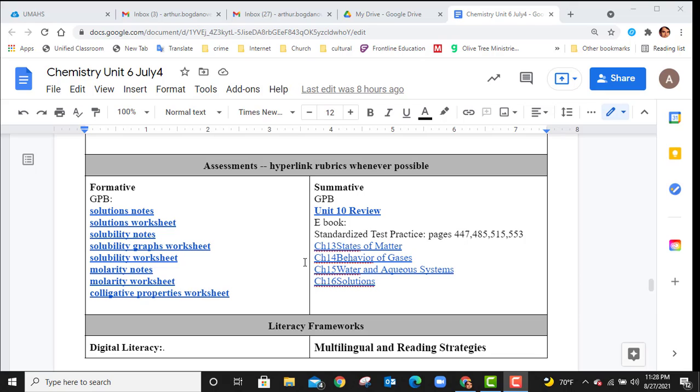And this is assessments. Formative means that as the students are working and learning, you're collecting some data from them, like the notes sheets indicate how well they're attending to the lectures and how they're able to transcribe certain parts of it.